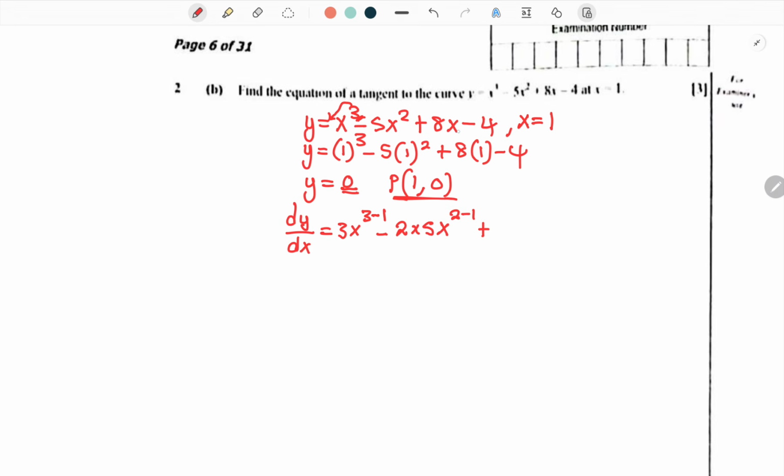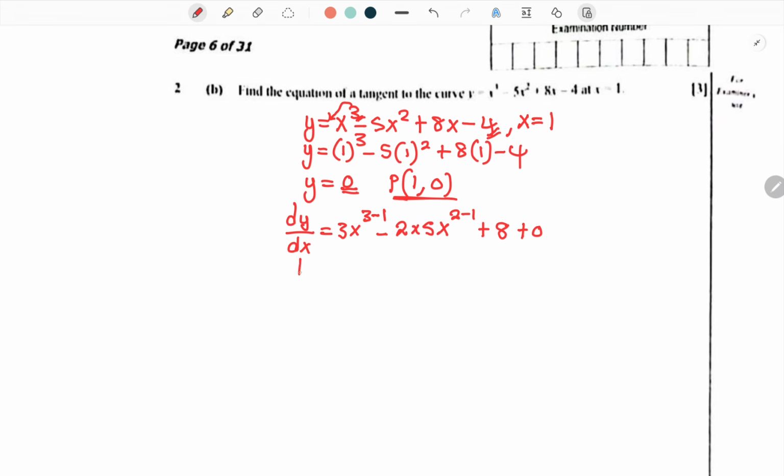Now, whenever you have a term which only has x, if x is to the power 1, just remove the x and remain with the constant. Then whatever is a constant which never had any x, it becomes 0.